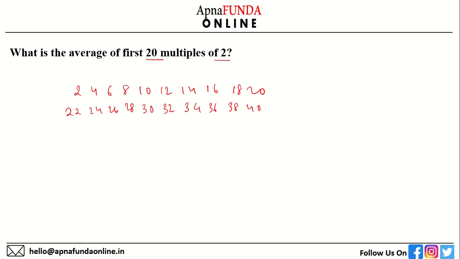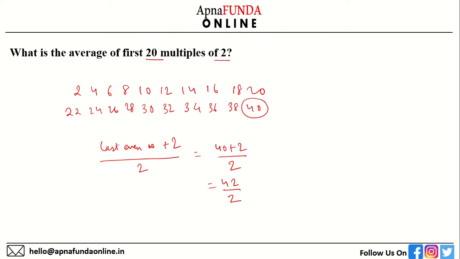We have to find the average. So we know that it is (last even number plus 2) divided by 2. That means (40 plus 2) divided by 2, 42 divided by 2.